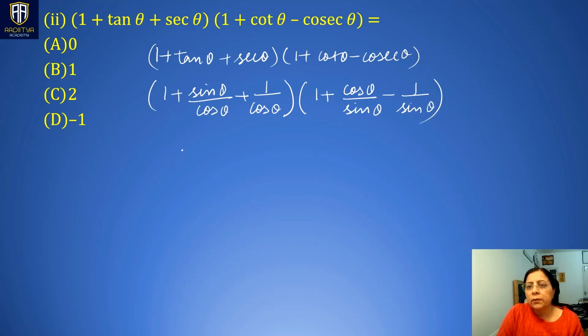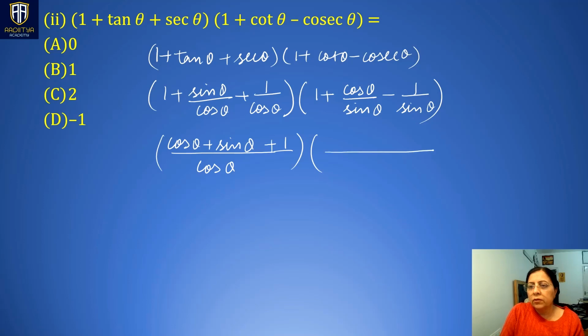Now what we can do here is, we can simplify. Cos theta becomes the LCM. So we have cos theta in the numerator, cos theta by cos theta, 1 multiplied by sin theta, and here we have 1. Right? So now if we take here sin theta as the LCM, sin theta gets multiplied by 1, so it is sin theta.